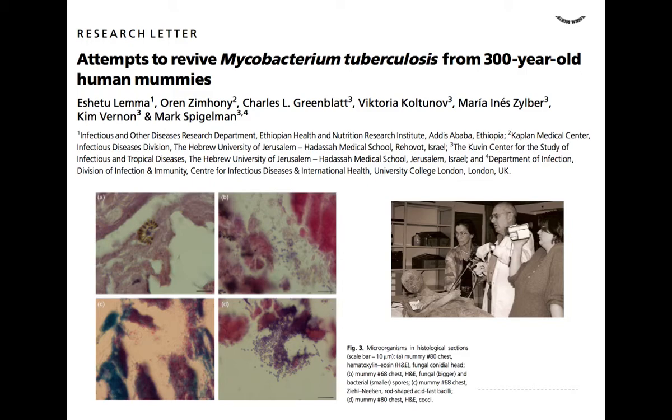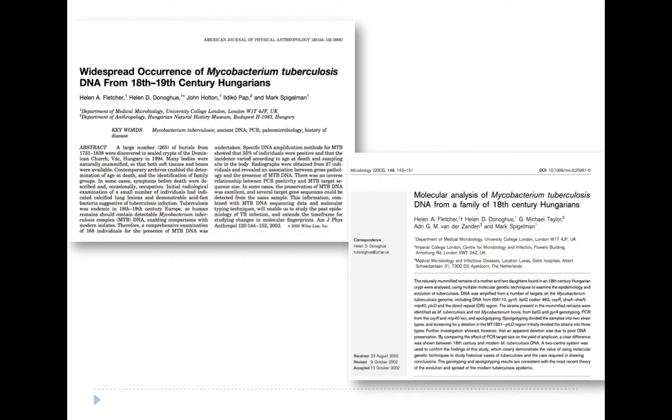What they did was they actually tried to revive the TB, and they put it into guinea pigs to see if it would grow in guinea pigs. They stained it up, and they could see acid-fast bacilli. Here's Mark Spigelman, who led the investigations, doing an endoscopic investigation of a mummy and taking material under aseptic precautions.